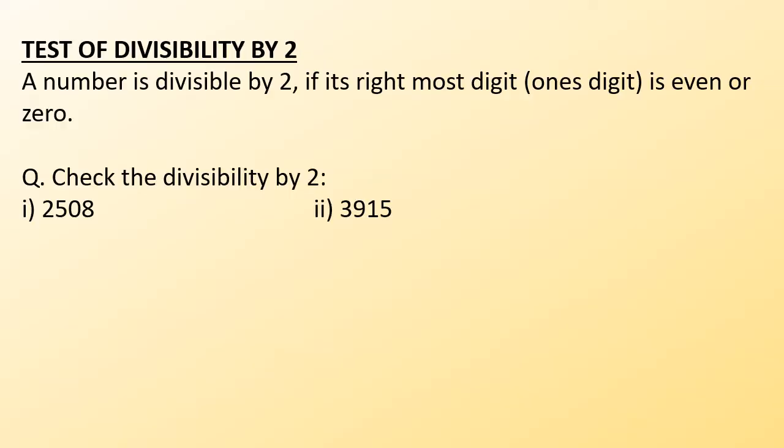To check if a number is divisible by 2, we check the rightmost digit of that number, that means the digit which is at the ones place. If that digit is even, the even digits are the digits which are divisible by 2, like 2, 4, 6 and 8, or if it is 0.